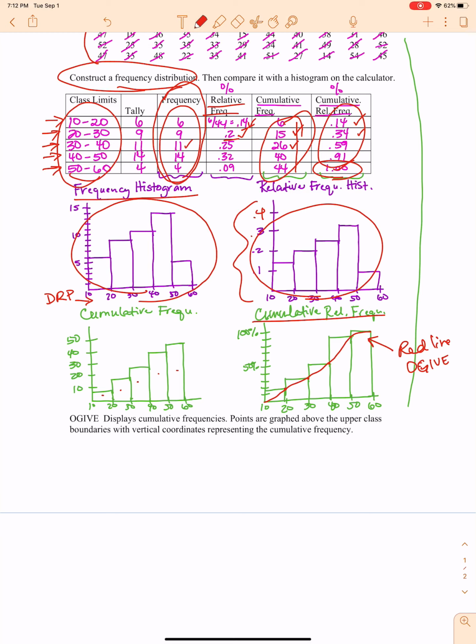So in other words, what if I wanted to know what percentage of third graders have a DRP below 20? Okay, so I would look at 20 and I'd go, well, that matches with 14%. So 14% of third graders have a score below 20. See how that works? That's why we have to accumulate our values moving up in this direction so that we can see at any given point how many people scored below a particular value.